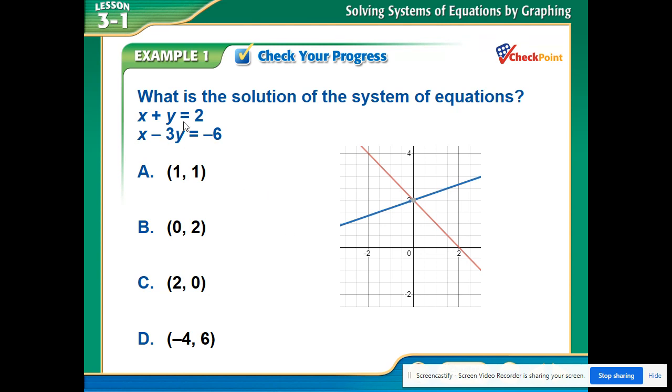And so you got to make both of those y equals. Again, this one's going to be a little more difficult because you have to divide by -3. But then we graph them both, and there is an intersection point right there. Again, you can use your calculators and go into second trace and find the intersection point there. But it is 0, 2.